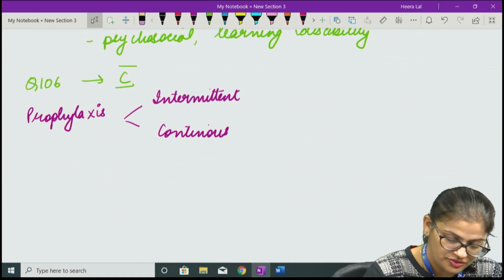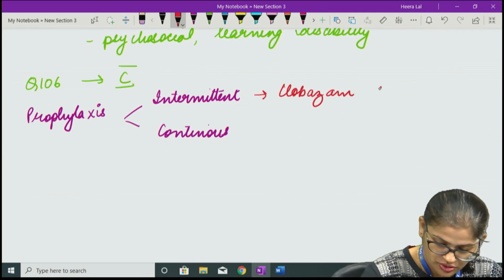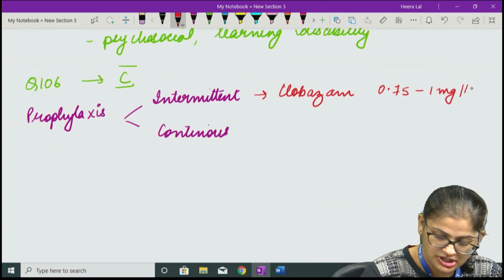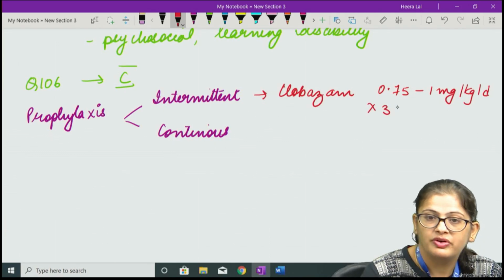So for intermittent prophylaxis, you use the drug clobazam in a dose of 0.75 to 1 mg per kg per day, which is given for 3 days when the fever occurs.